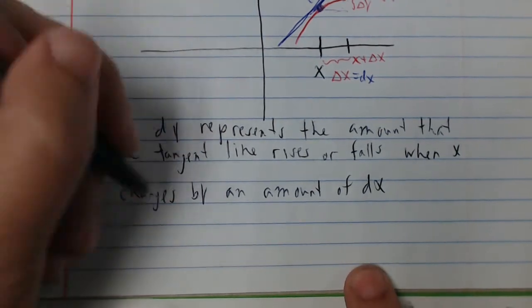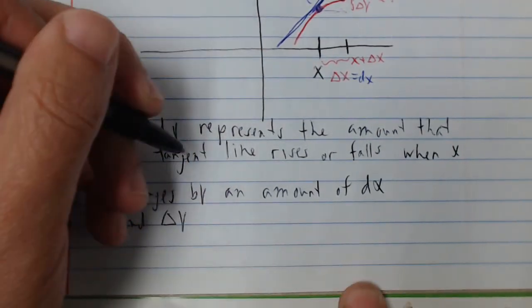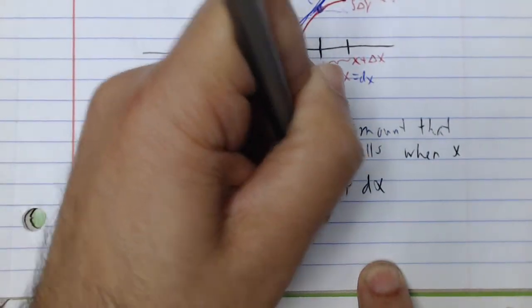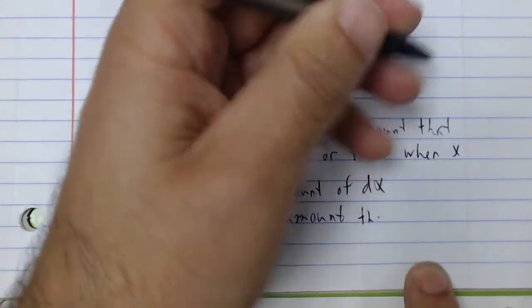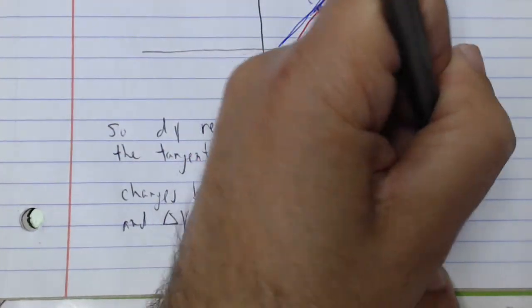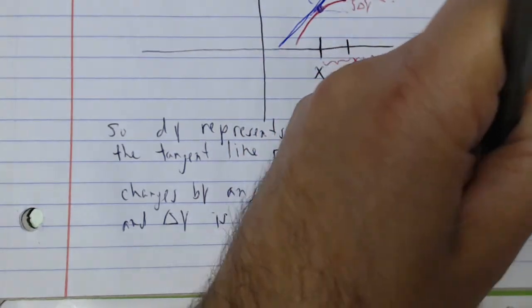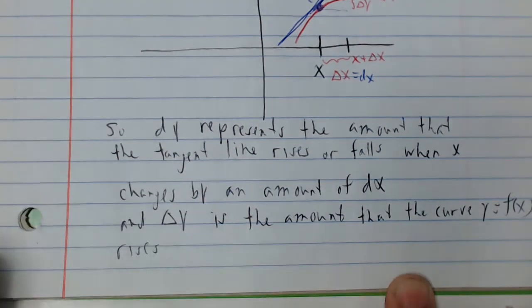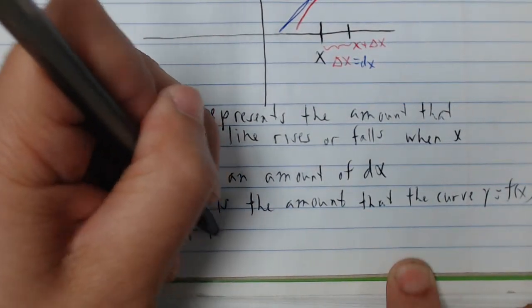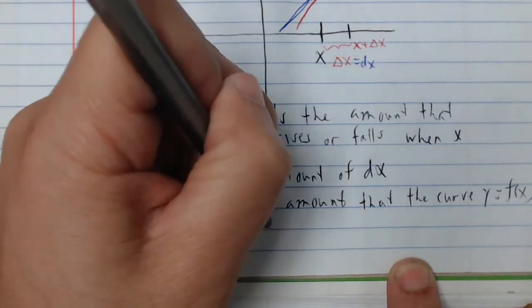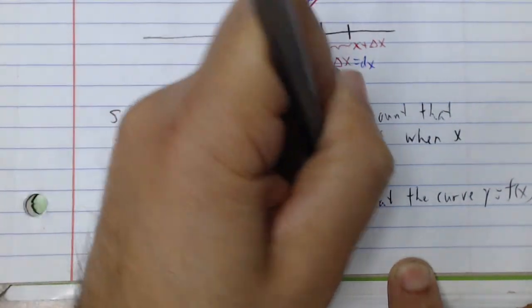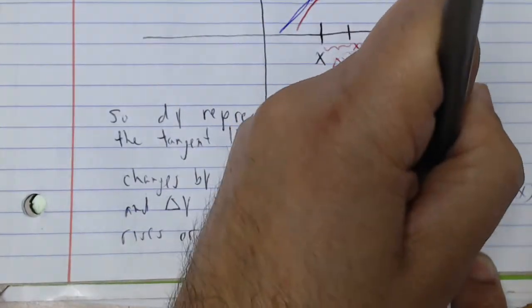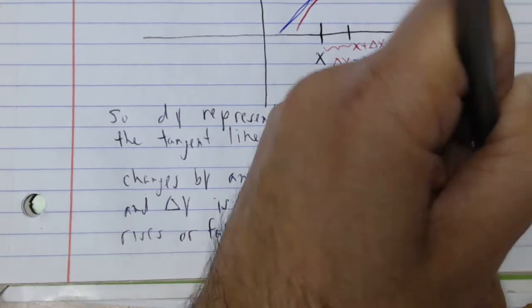And then we could say, and delta y is the amount that the curve y equals f of x rises or falls when x changes by an amount delta x.